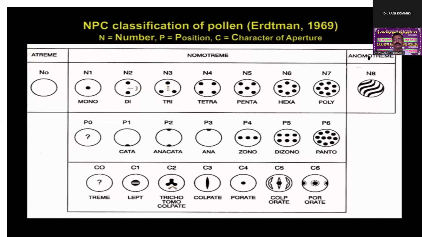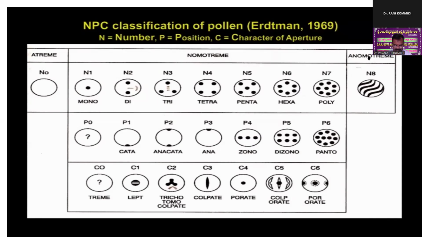N means number, P means position or polar, and C means characteristics. These three, number, position and characteristics, are based on the apertures, their number, position and characteristics with regard to the microspore tetrad.